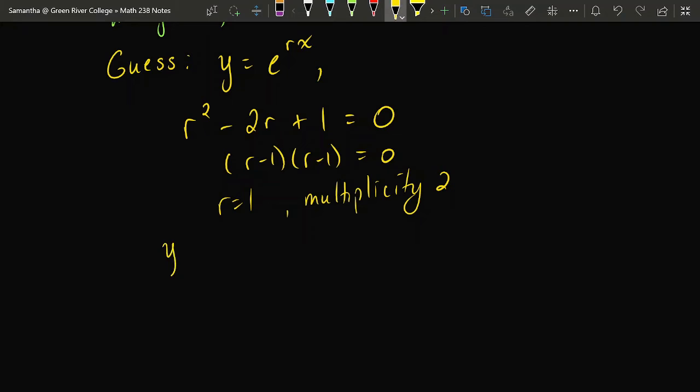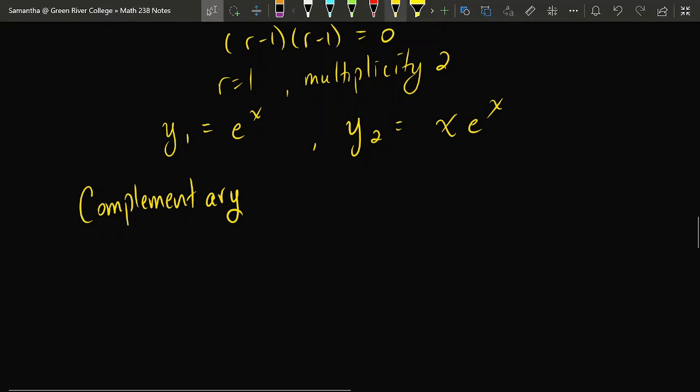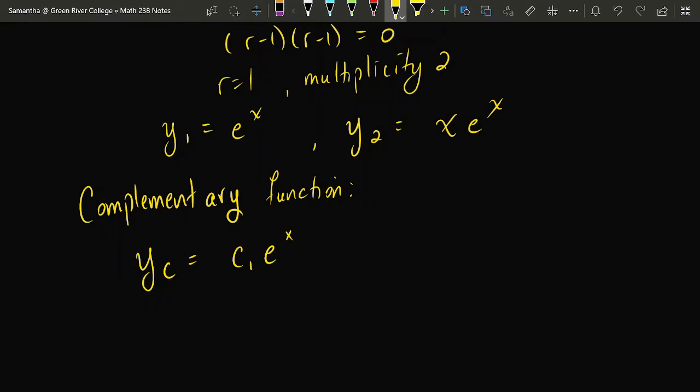So that means that our first solution to the complementary equation is e to the x. Our second solution to the complementary equation is x times e to the x. And therefore our complementary function, the solution to the complementary equation, has the form yc equals c1 e to the x plus c2 x e to the x.